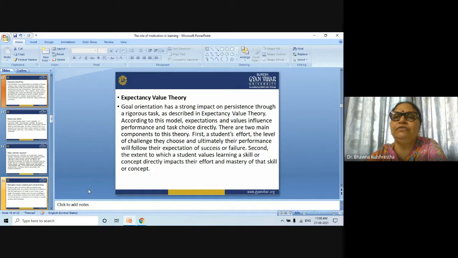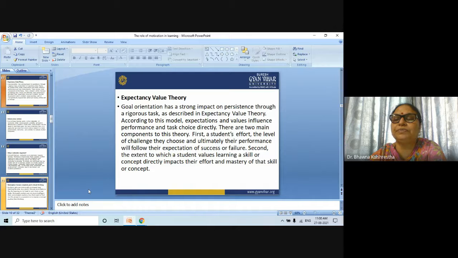And now, flow theory. Flow is described as a psychological state in which an individual is purely intrinsically motivated and in which their sense of time is muted.